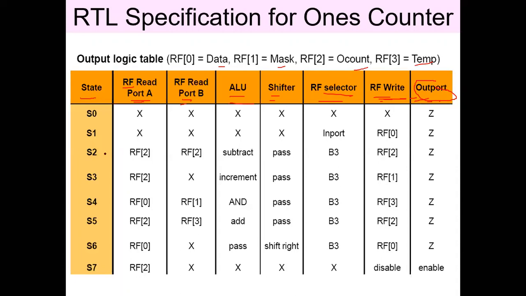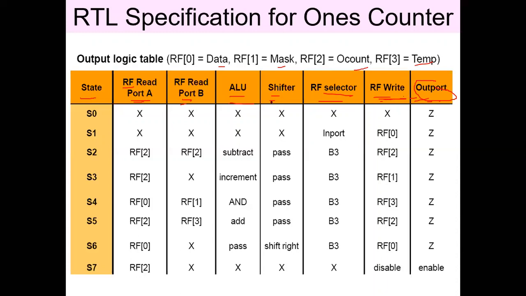Okay, we have the current state, then input. ALU needs two inputs, port A and port B. So which register needs to be read for port A, which register needs to be read for port B. Then if there is an ALU operation, what is the operation to be performed by the ALU? Then we have a shifter in the data path. What is the role of shifter in this particular state? And then from there the data can be obtained, and then to which register the data needs to be written.